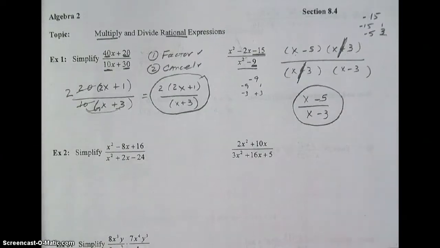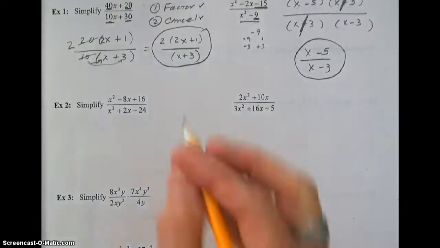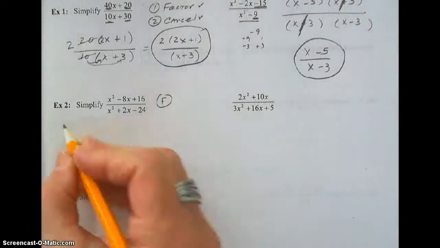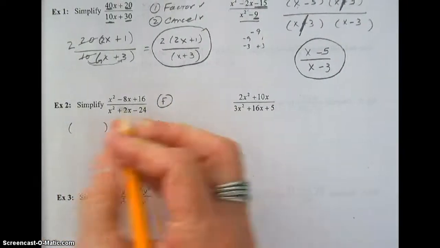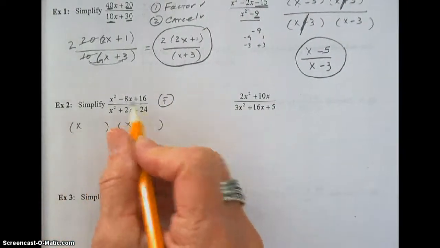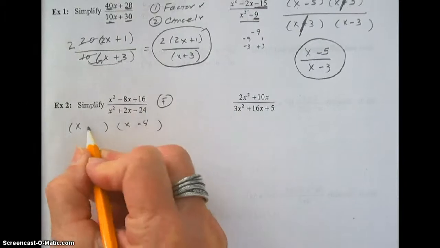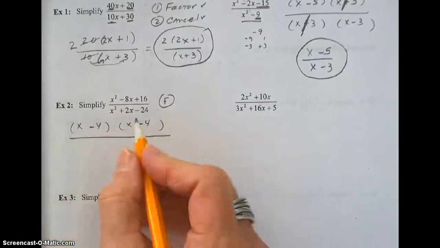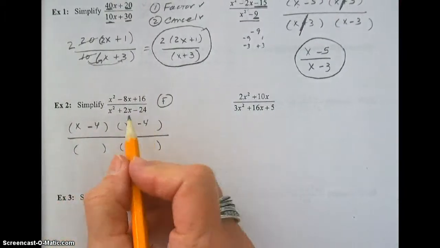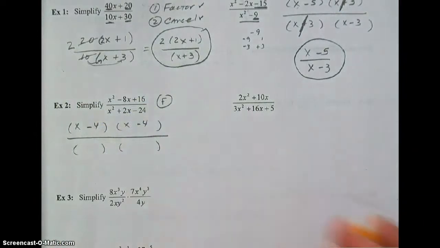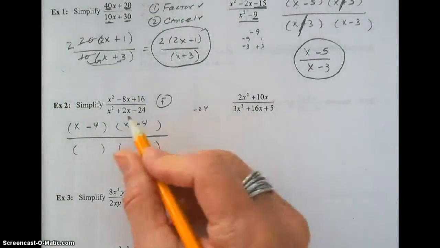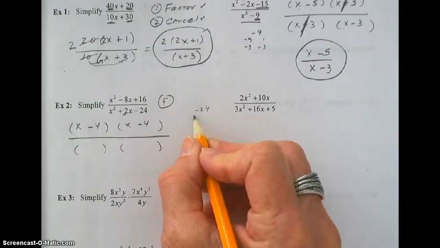So in example 2, let's factor first. So what are the factors of 16 that add up to negative 8? In the bottom, we're looking for what are the factors of negative 24 that add up to a positive 2.